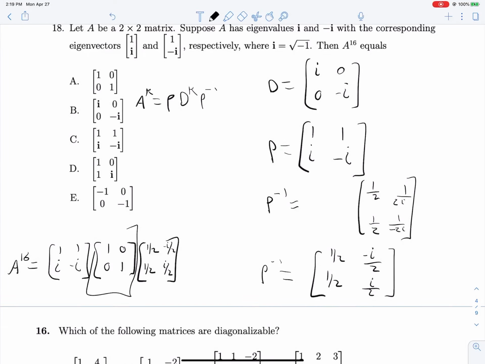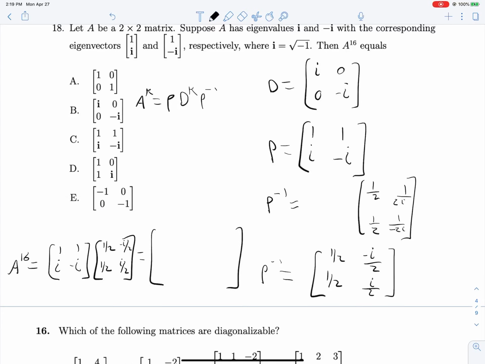Now, multiplying by the identity matrix in the middle will do nothing, so we can get rid of that and just compute this as our final computation. We get 1, 0, 0, 1/2 plus 1/2 is 1. So we get the identity, which is just A.